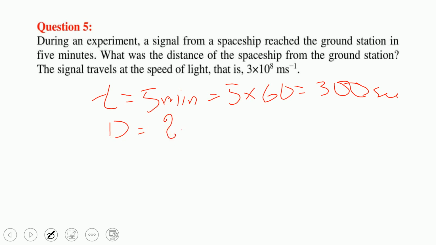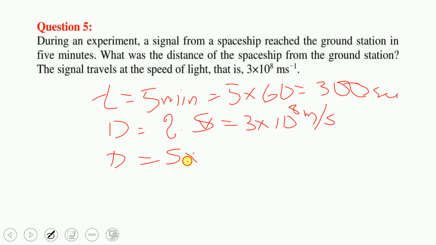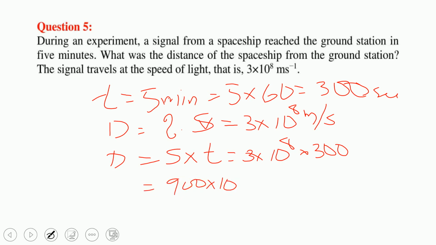Now the speed of light, that is the velocity, s is equal to 3 into 10 raised to 8 meter per second. Now you know that distance is equal to speed into time. So it is 3 into 10 raised to 8 into 300. 3 3s are 9, that is 900 into 10 raised to 8.